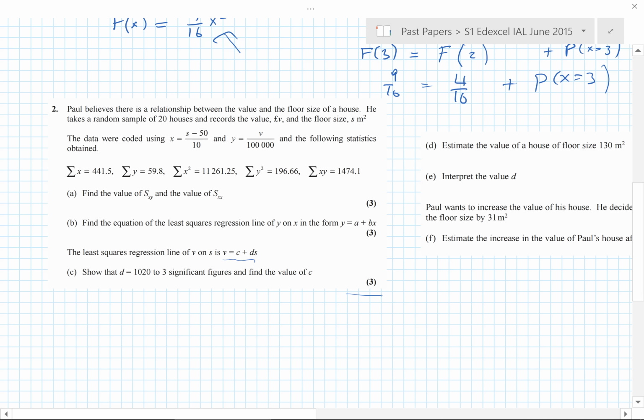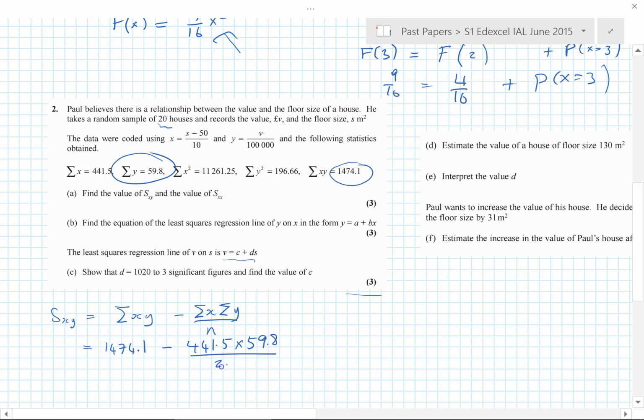Anyway, Sxy, as given in the formula book, is equal to sigma xy minus sigma x times sigma y, the sums of them individually, divided by n. We're told n is 20 here. We're given sigma xy, that's 1474.1, sigma x is 441.5, and sigma y is 59.8.